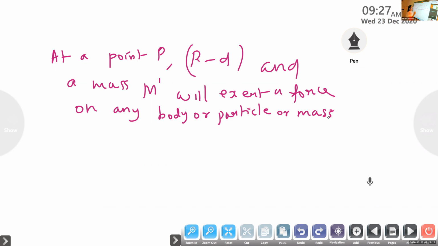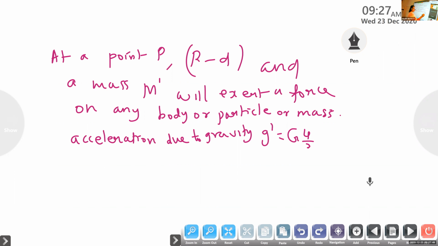Because in the interior of the earth we have only particles. Sometimes we will say it's a particle, sometimes we call it a mass, that's it. On any body or particle or mass, thus acceleration due to gravity g dash is equal to G 4/3 pi (R minus d) rho.